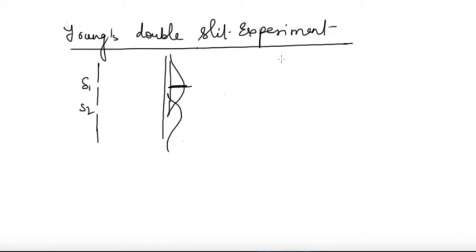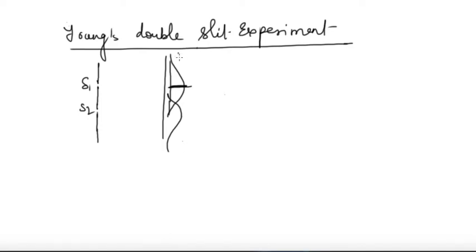I just know that light travels in a straight line, and as I make the slit smaller, the light bends. That could not be explained; this bending of light could not be explained by geometrical optics.